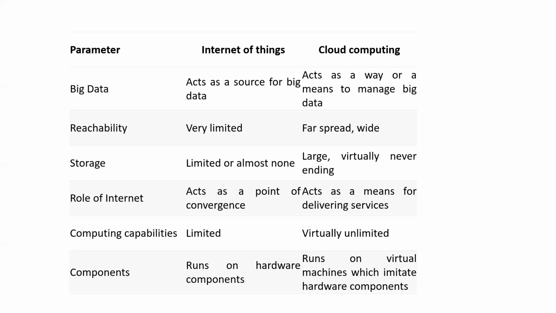If you see the components here, Internet of Things runs on hardware components, and cloud computing runs on virtual machines, which imitate hardware components. So virtual machines are used here. Hardware components are imitated with the help of software.